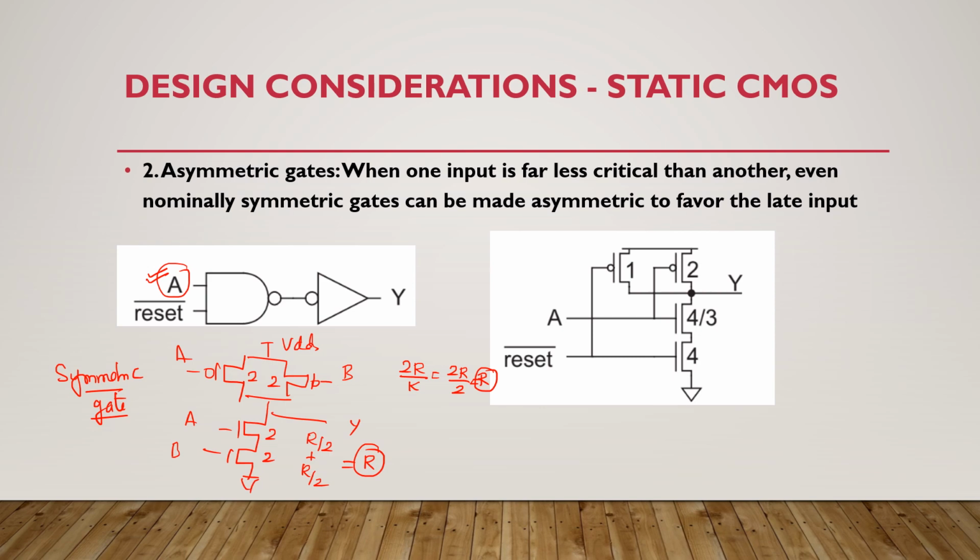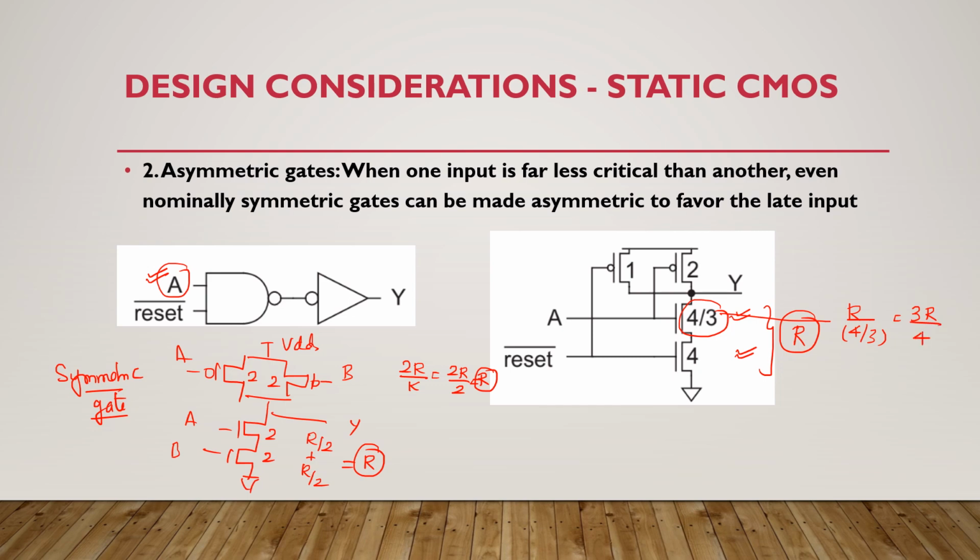Now we have to convert the symmetrical gate into an asymmetrical gate. I will choose the width of the transistors in such a way that I favor my input A. I have to choose the widths so that together they produce a resistance of R. If I choose the width as 4 by 3, this transistor contributes a resistance of R by K, which is 3R by 4.